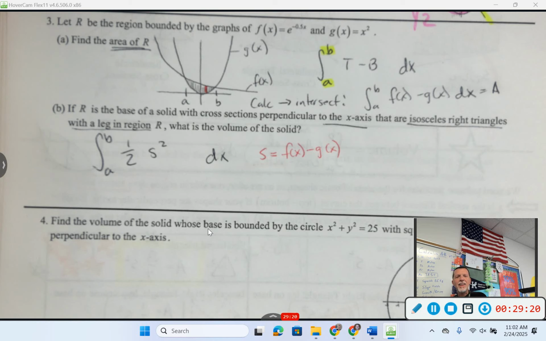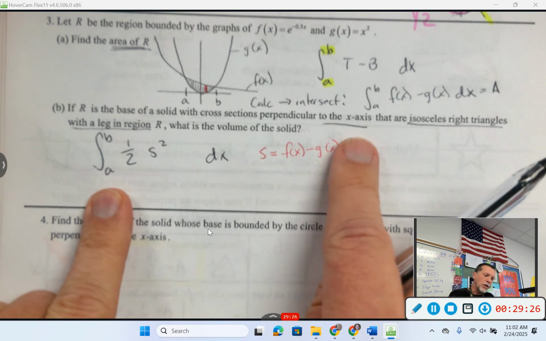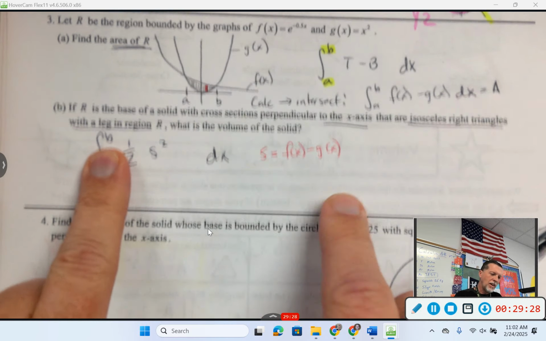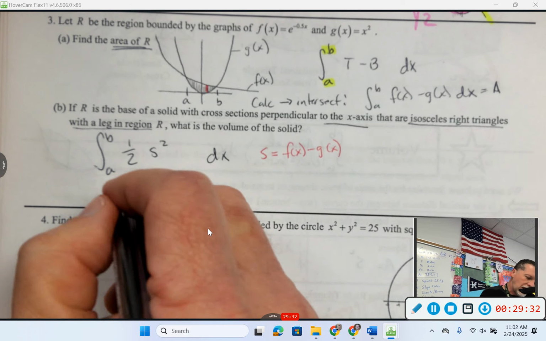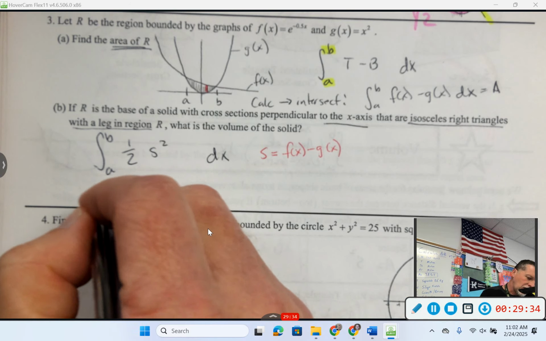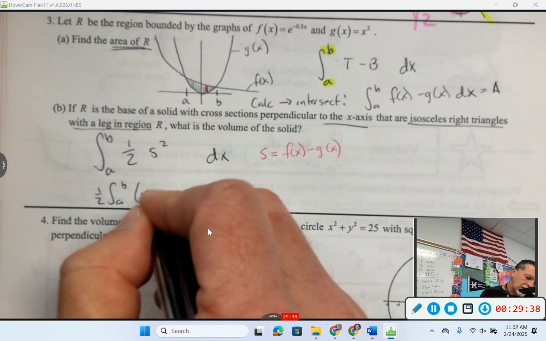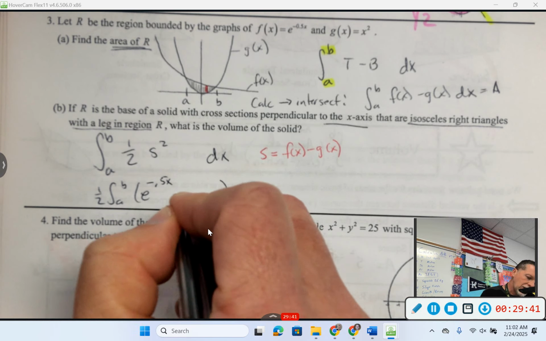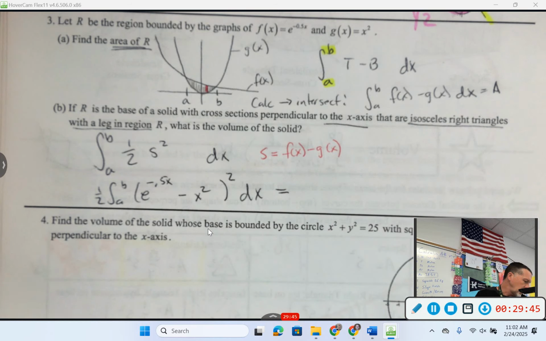And even though that's not a whole lot of work shown, that's enough work shown. Because if you've told me what A is and what B is, and what S is, now you could go to the calculator and get an answer. Let's see, f of x is e to the negative 0.5x minus x squared, all squared, dx, whatever that is. But we need to stop there.